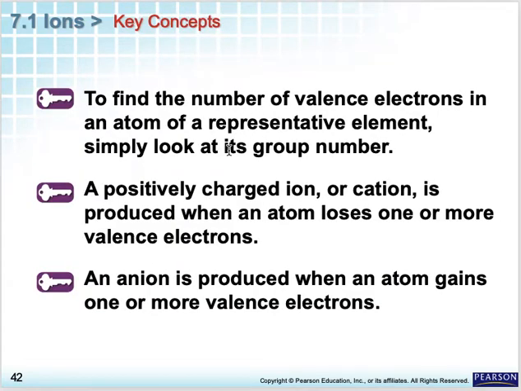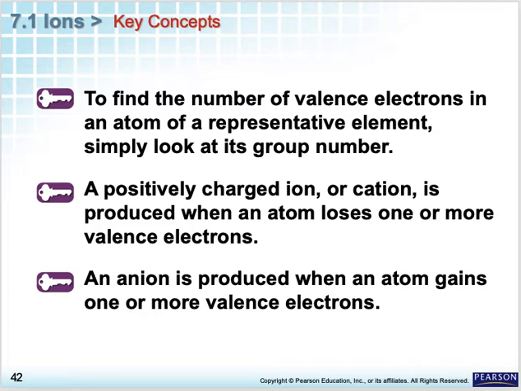We've gotten to the key concepts. We're almost done. Find the number of valence electrons in an atom simply by looking at its group number, or what I do is I just count over. Positive ions or cations are produced when they lose electrons, and this seems backwards, but we're talking about negative things that we're gaining or losing. So a positively charged ion is a cation, and that's when it loses electrons.